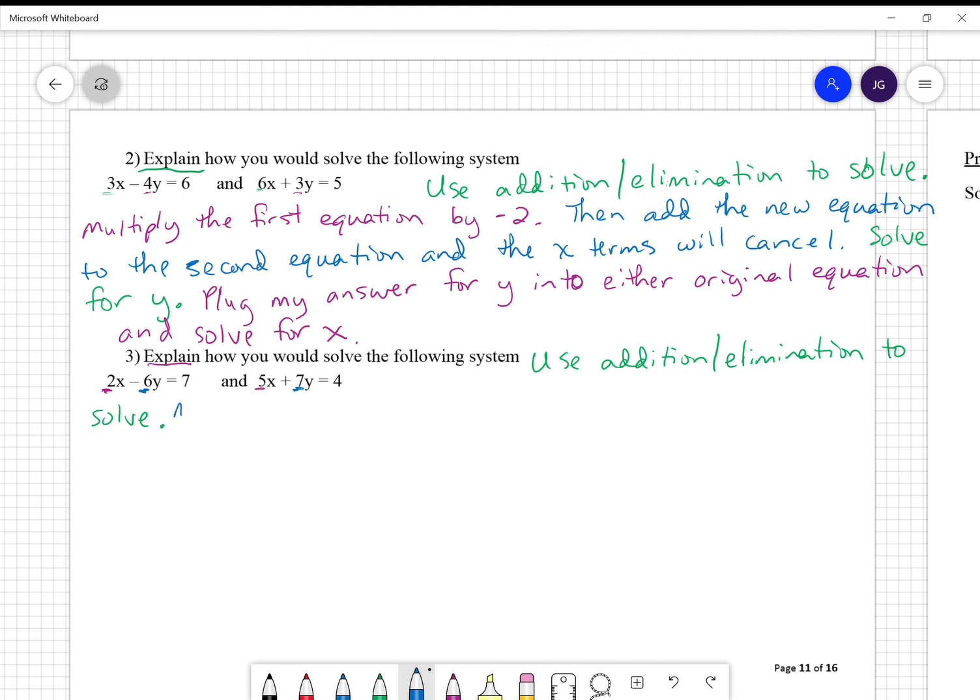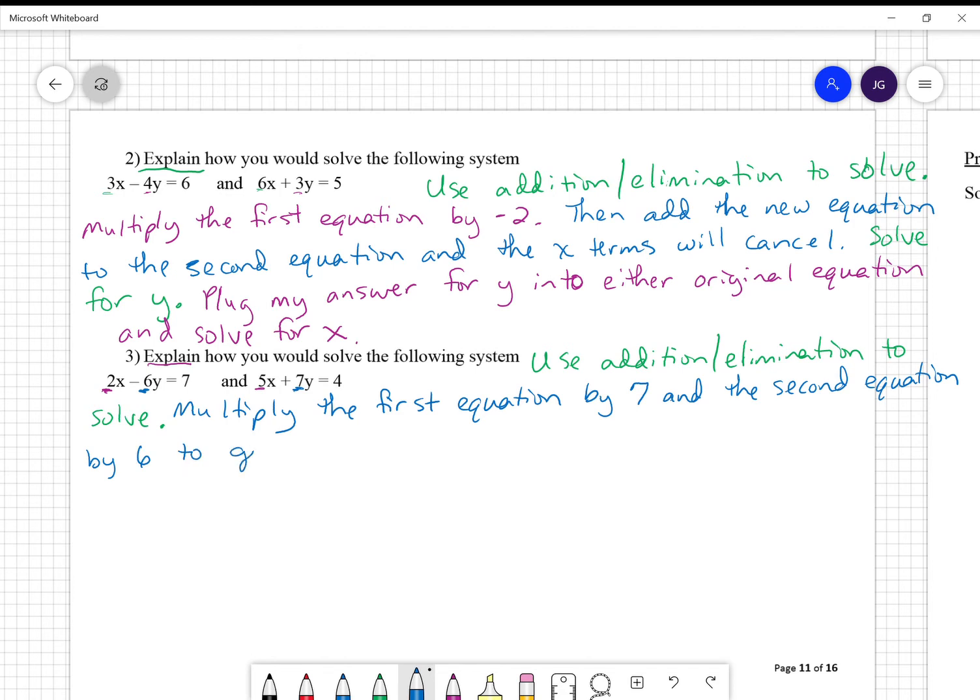So I'm going to multiply the first equation by 7 and the second equation by 6 to get -42y and 42y respectively.